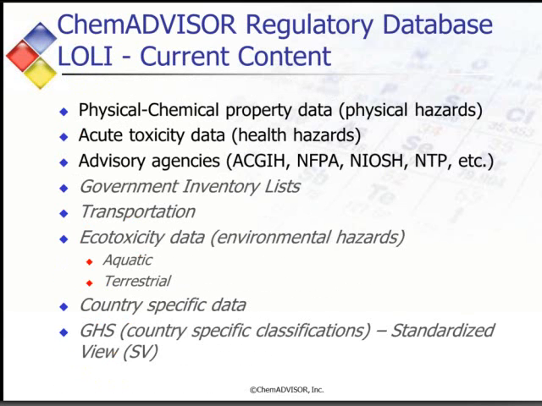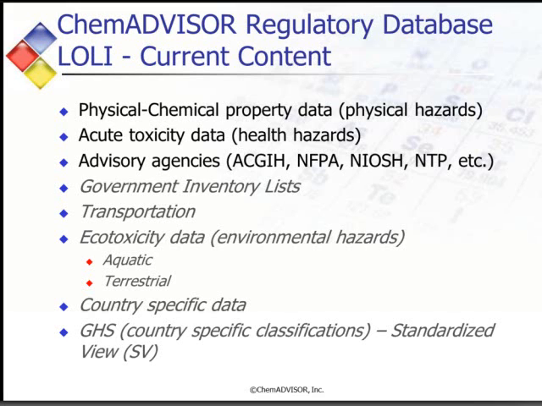The ChemAdvisor regulatory database currently contains physical chemical property data that supports physical hazards, acute toxicity data for health hazards, and advisory agency information published by ACGIH, NFPA, NIOSH, NTP, and others that are required for inclusion in the 16-section GHS SDS.